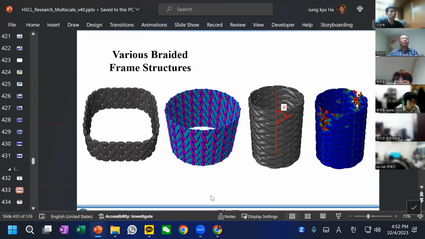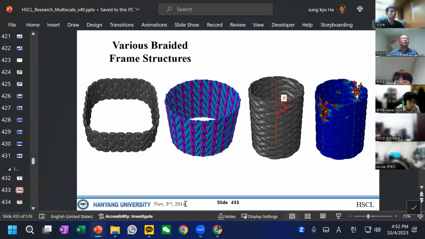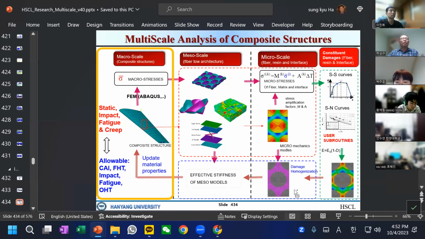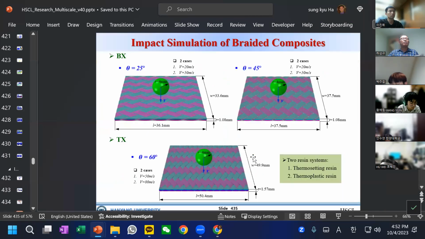It was done in 2014 in our lab, so about 10 years ago, we started to model all the micro and meso scales as a pioneer. Nowadays, a lot of composite research centers follow, and they also do micromechanical modeling and understanding. So we are very proud of our pioneering of composites in our center.